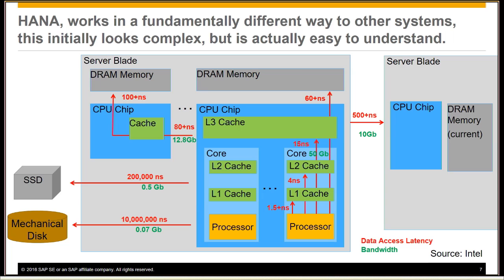If you look at IO with a traditional disk, it takes about 10 million nanoseconds. If you leverage SSD, you get much better throughput, but it is still about 200,000 nanoseconds. Whereas information transfer between DRAM and a CPU is barely 100 nanoseconds, which is very quick.